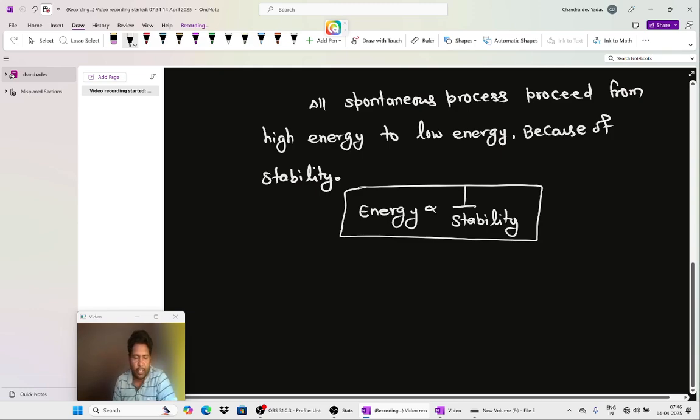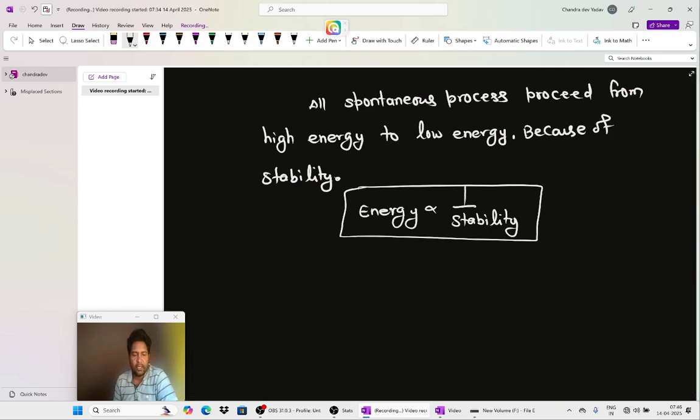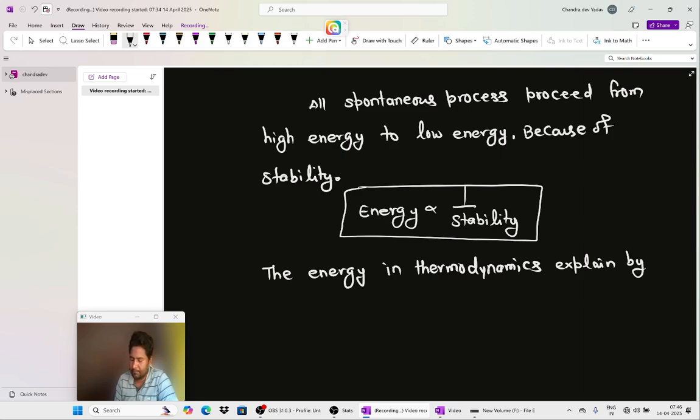So, according to energy, we can explain some thermodynamic potentials, which explain the energy in thermodynamics.